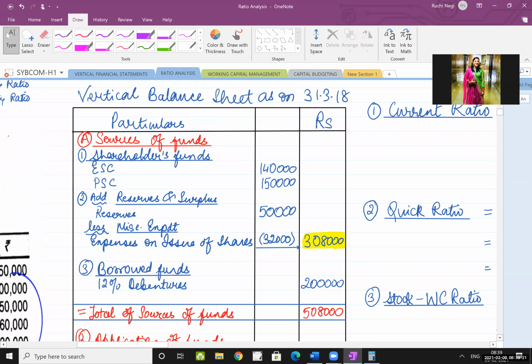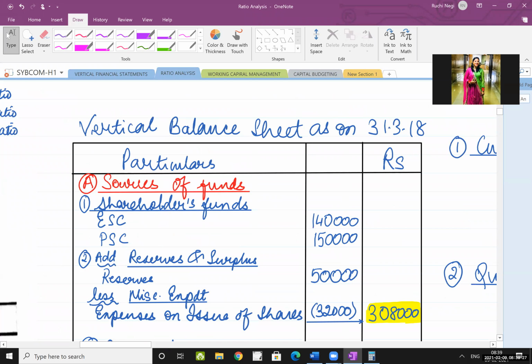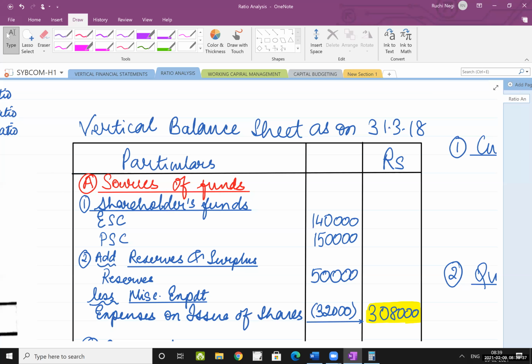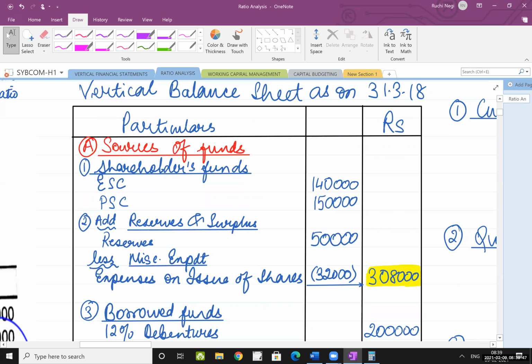Okay. So right now, vertical balance sheet as on 31st March 18. Sources of funds. May I have shareholders' funds? In that, equity share capital and preference share capital. Add reserves and surplus. Less losses, that is miscellaneous expenditure, accumulated losses, also known as fictitious assets.